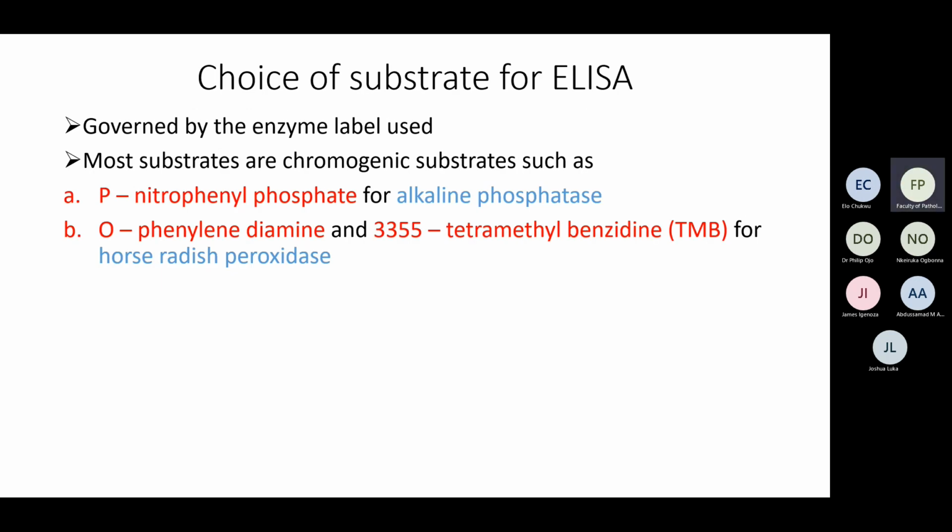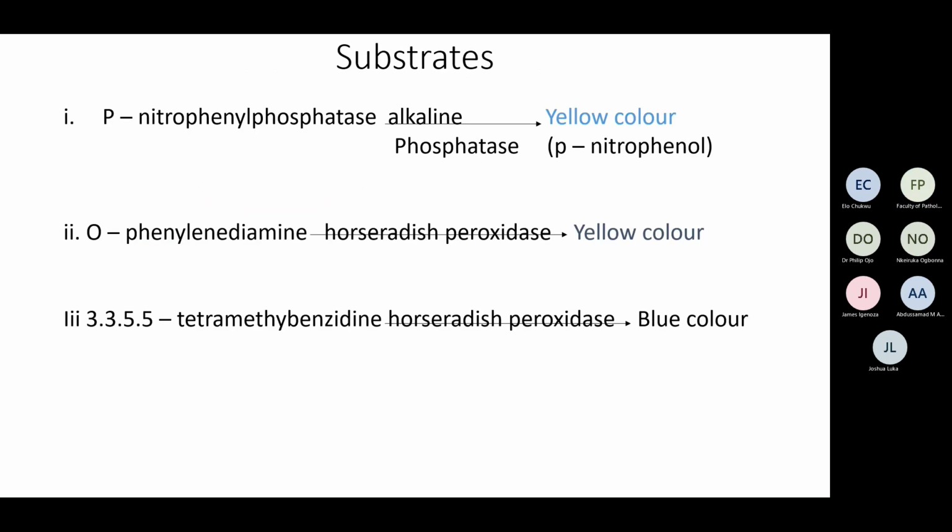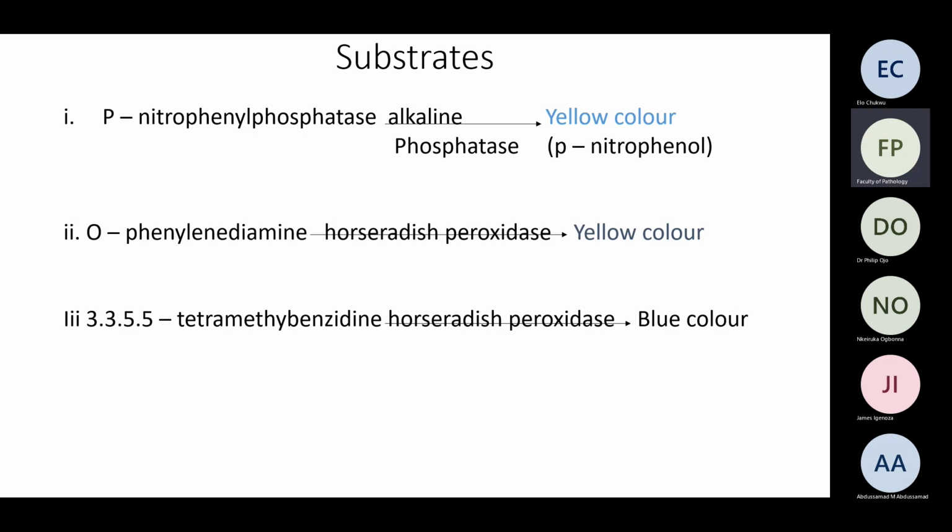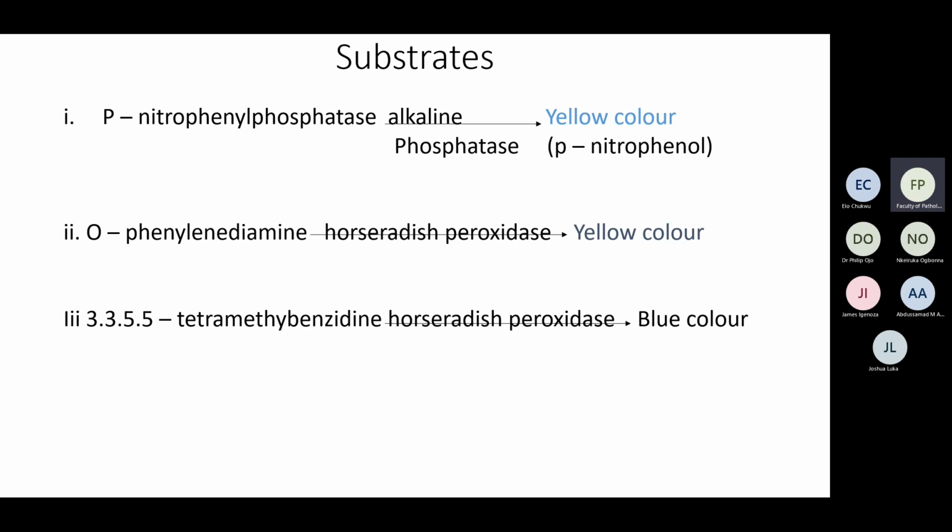Now the substrates for ELISA. For the enzyme alkaline phosphatase, the substrate is p-nitrophenyl phosphate, and it usually turns to a yellow color.